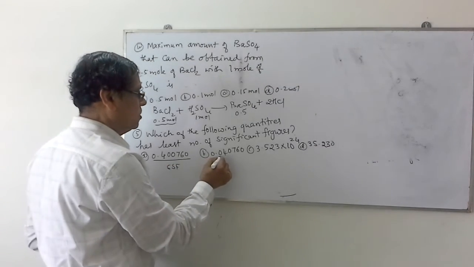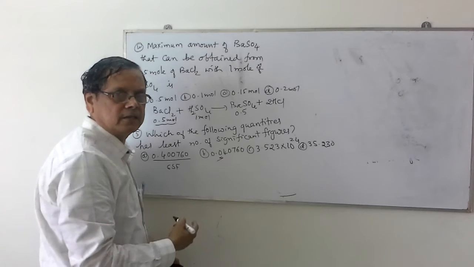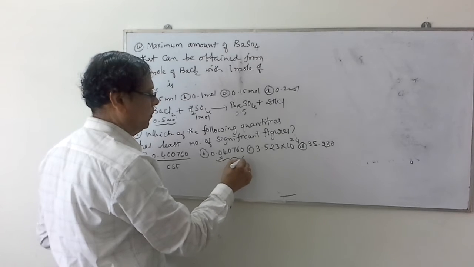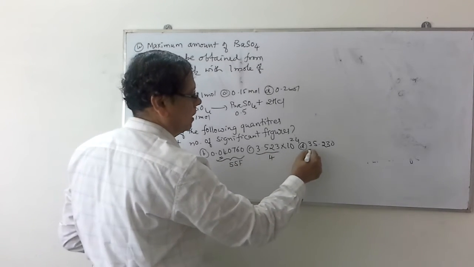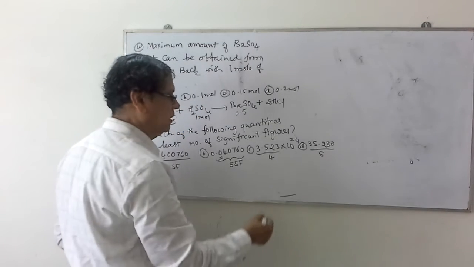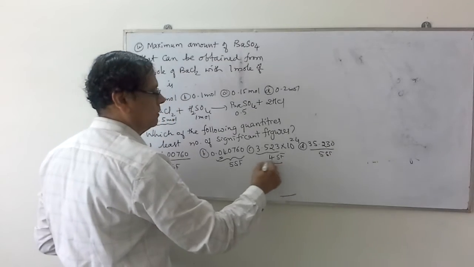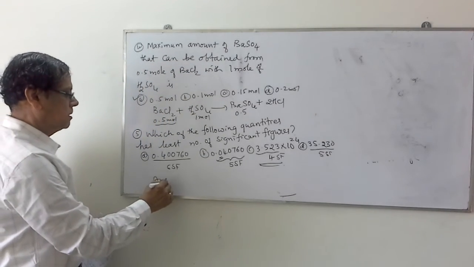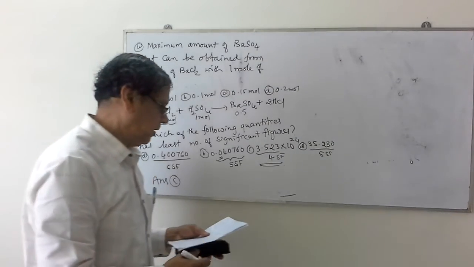This 0 is not significant because it is before the non-zero digit. That's why this has got 5 significant figures. This has got 4 significant figures, and this has got 5 significant figures. Therefore, the correct answer would be this C. So, the correct answer is C, that is having the least number of significant figures.